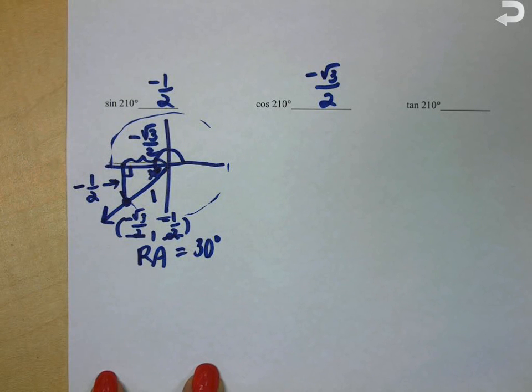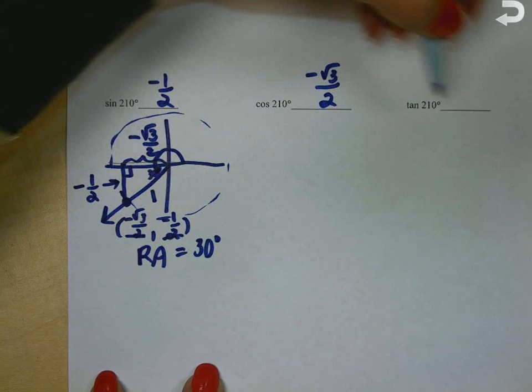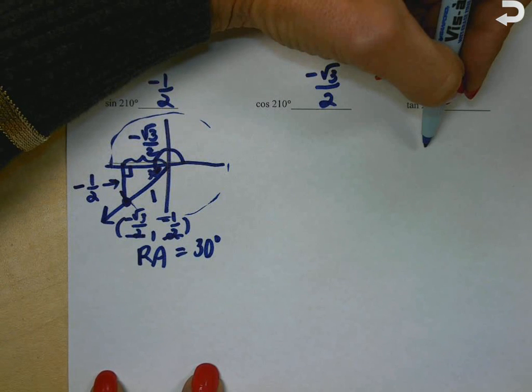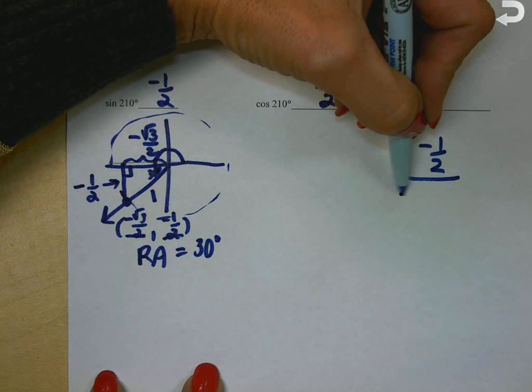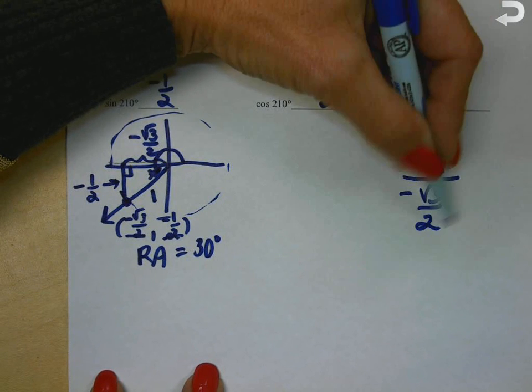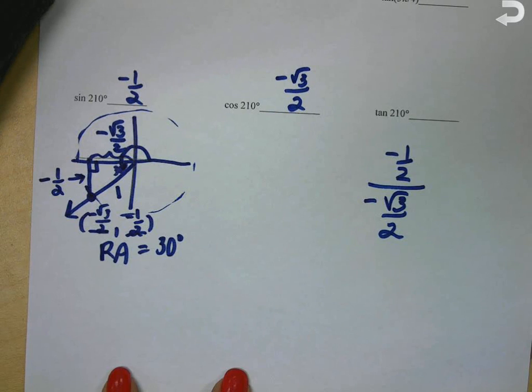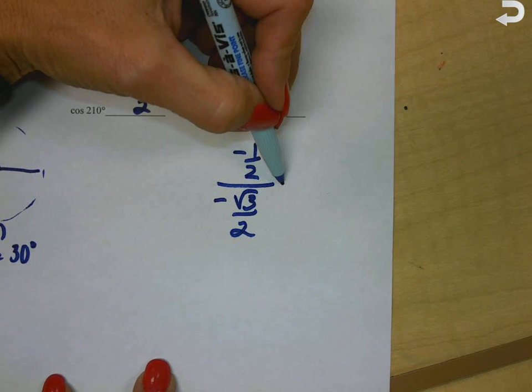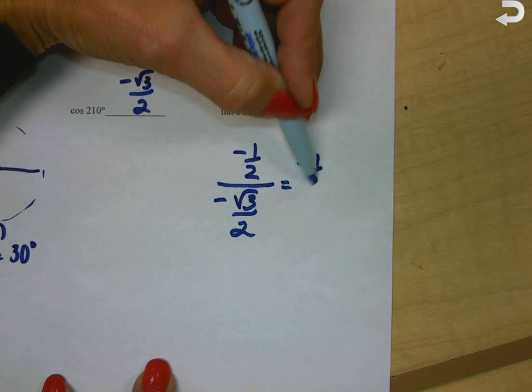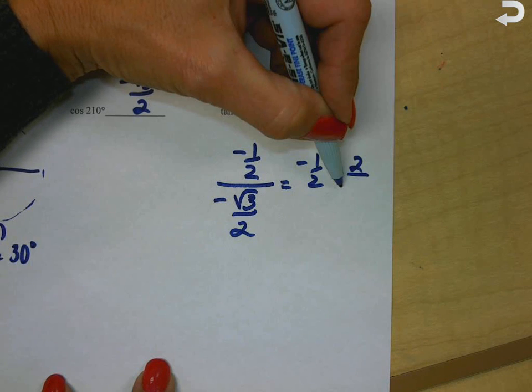And then the tangent, now we have a little bit of work to do with the tangent. We recall that the tangent is the y over the x. So if I take the y-coordinate divided by the x-coordinate, that ratio will give me the tangent of 210 degrees. I just have to clean it up.